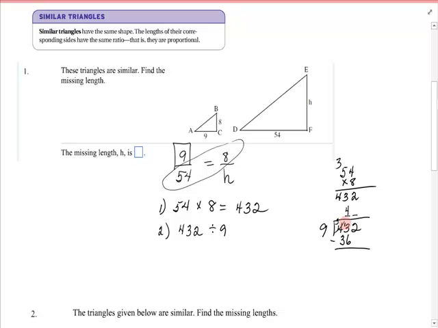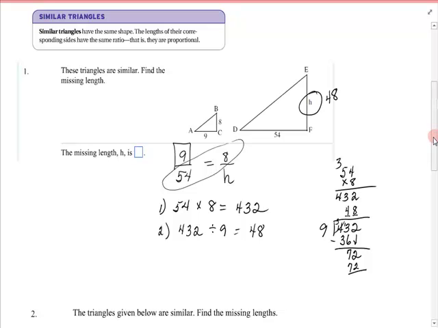Subtract, borrowing. It's going to give me 7, bring down the 2. And it goes into 72 8 times, goes in evenly. So this is the quotient 48. The missing side, which is right here, is 48. What that actually means is that 9 is to 54 as 8 is to 48.